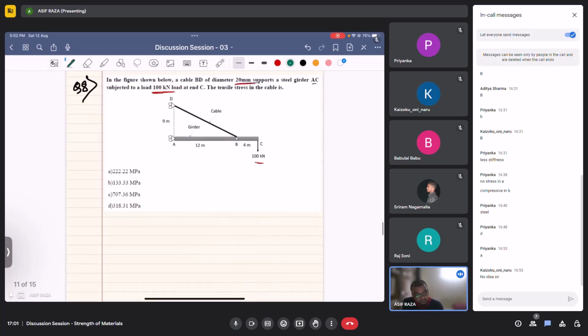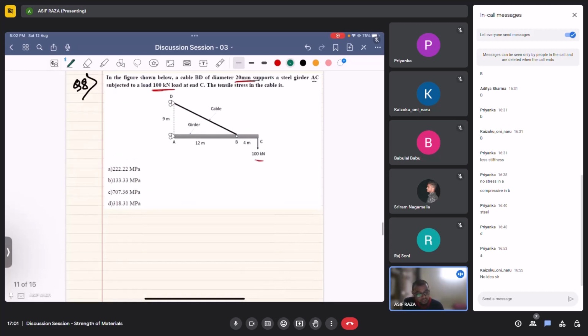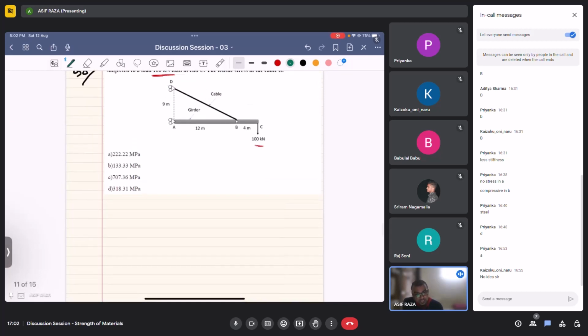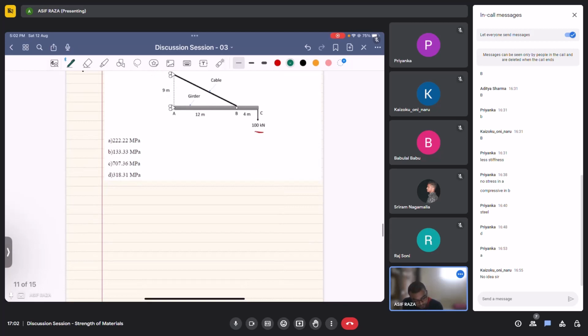So let us assume that tension T is present in the cable. Okay. So let's draw the FBD pertaining to this. We are given the beam where 100 kilonewton is applied here, and from here to here is a cable attached to it.